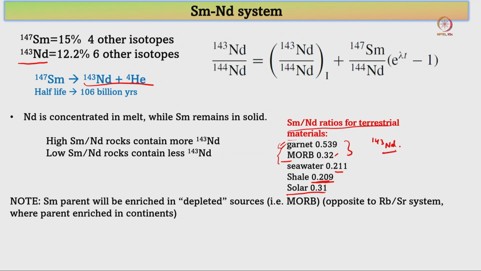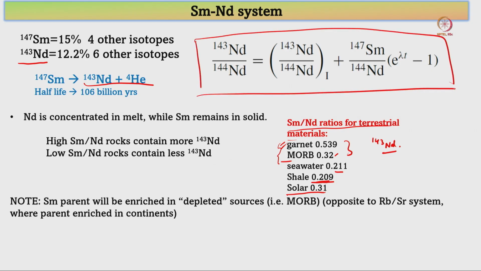When we are writing the decay term, this is the equation that we write. 143 neodymium, with the stable isotope 144 neodymium, equals the initial 143 by 144 neodymium plus the decay term, that is 147 samarium divided by 144 neodymium into e to the power lambda t minus 1.